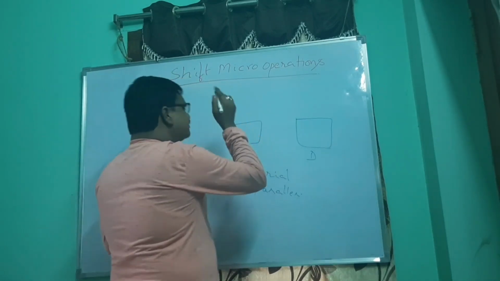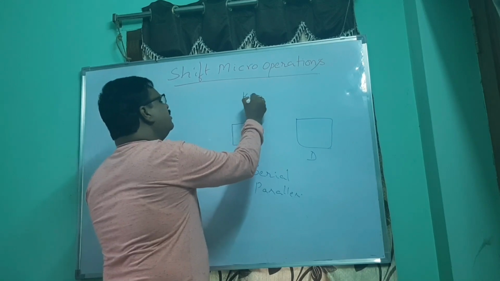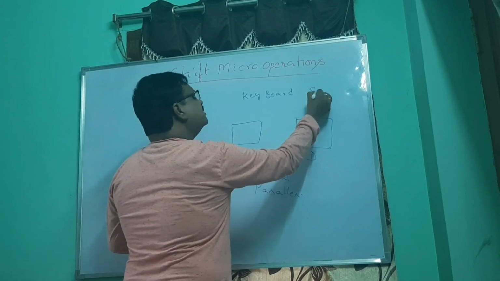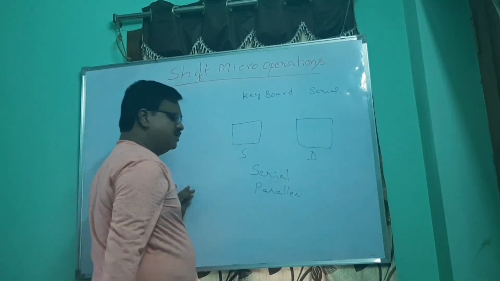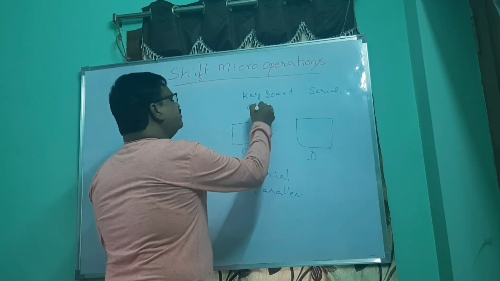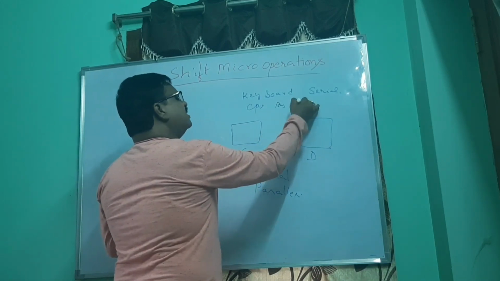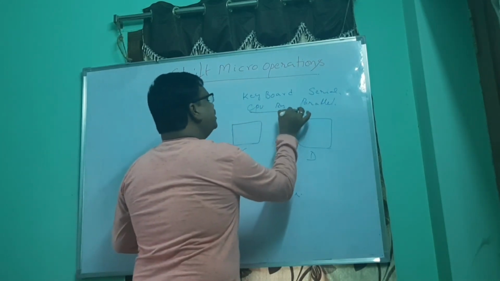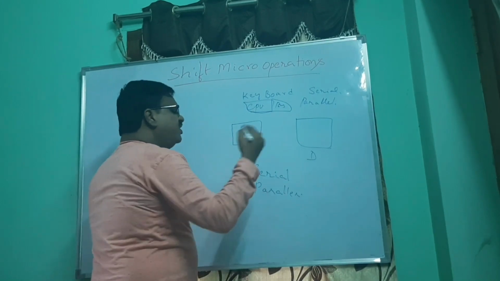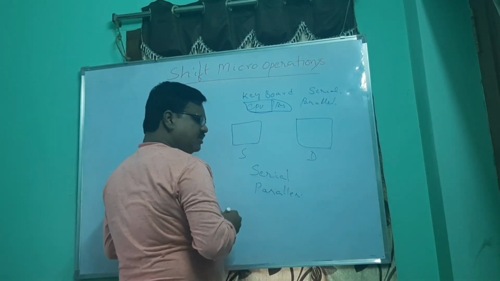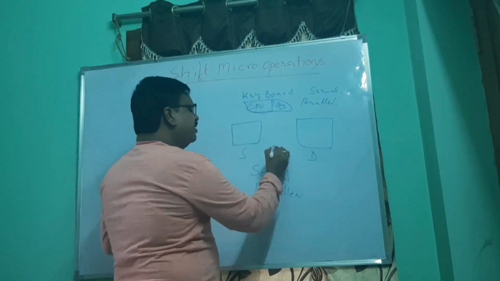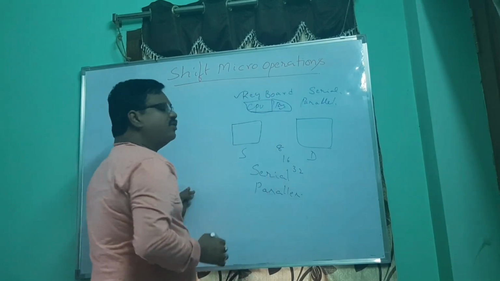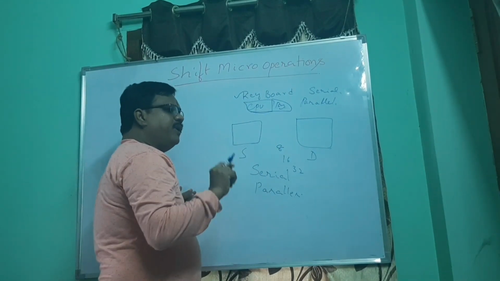For example, the keyboard is a serial mode, whereas our CPU or bus structure, the group of buses, is in parallel mode. Parallel mode means the CPU or bus takes a group of bits together, depending upon the size of the bus, maybe 8 bits, 16 bits, or 32 bits. Whereas the keyboard will use bit by bit.